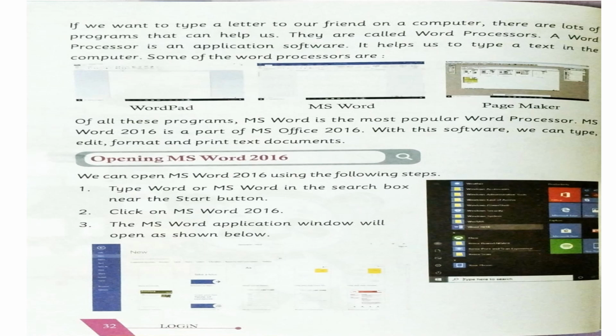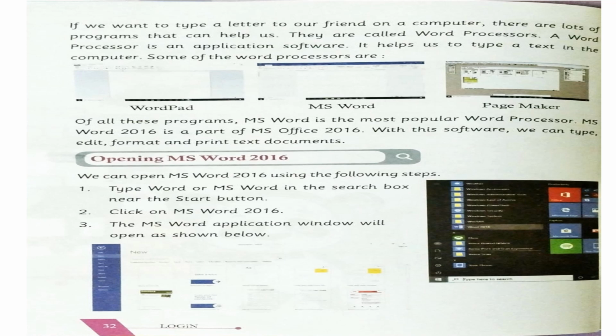When you want to type a letter to your friends, parents, uncles, cousins, then you need a program which can help you to do so. This kind of program is called a word processor. A word processor is application software which helps us to type text in the computer.